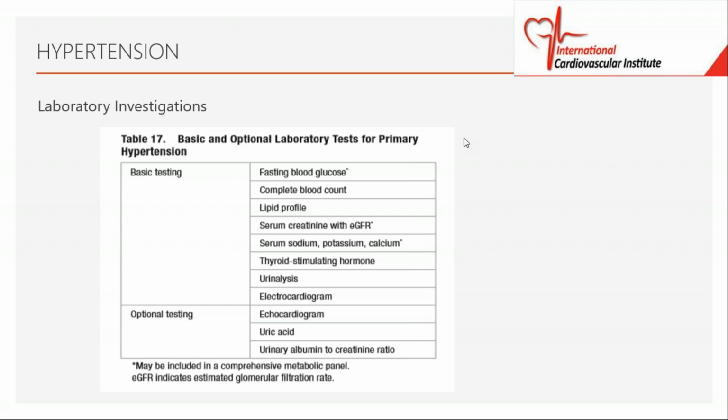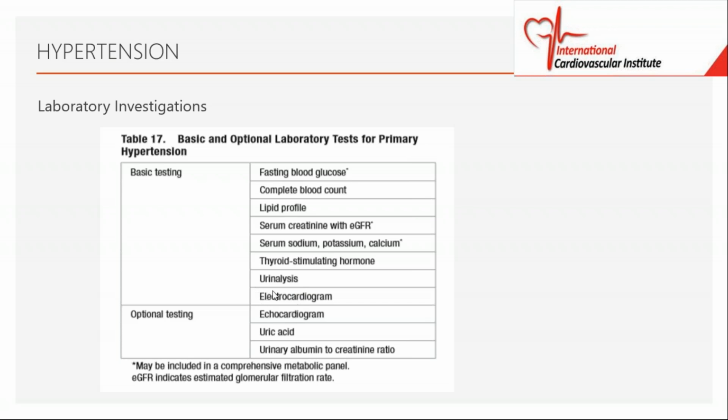So once you make the diagnosis of hypertension, there are some basic blood tests that you need to do. You need to do a fasting blood glucose, complete blood count, lipid profile. Make sure the kidneys are functioning, make sure the patient is not anemic, look at the thyroid, check the urine, and get a 12-lead EKG.